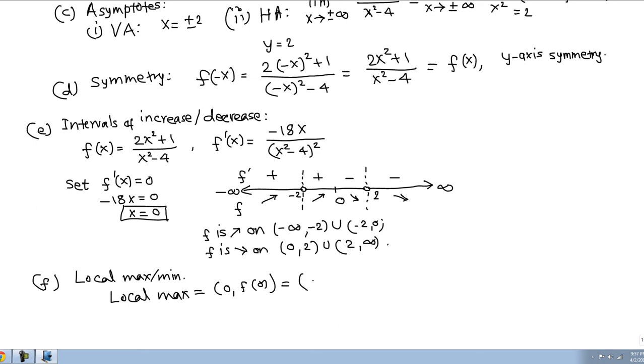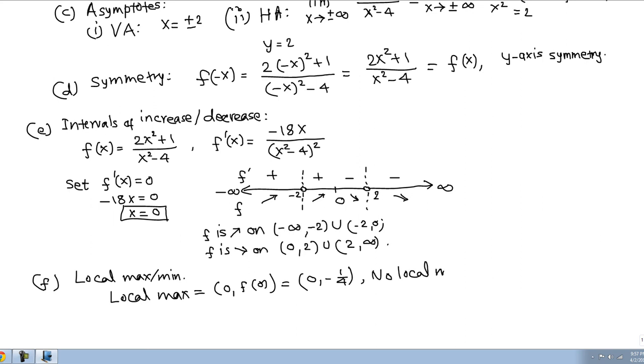Let's evaluate that. Plug 0 into the function. If you plug in 0, you get negative 1/4. That's the local max, and there are no local minimums because we don't have a situation where the function goes down and up.